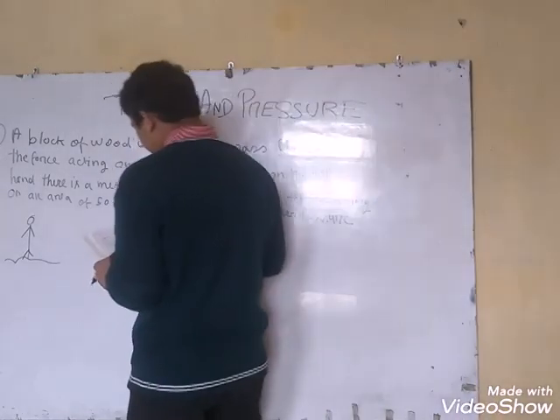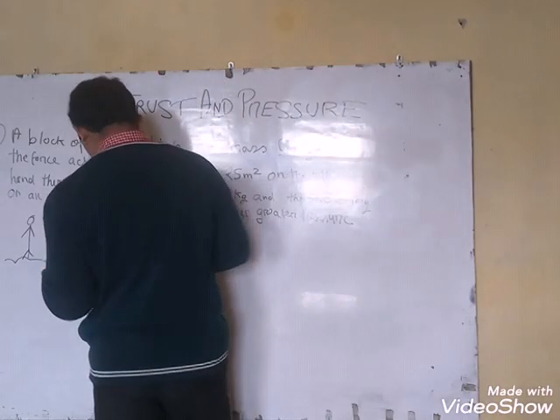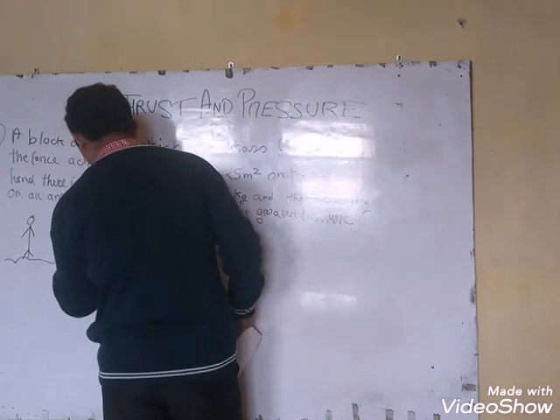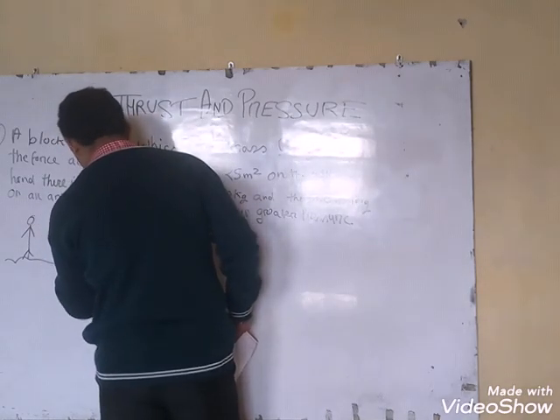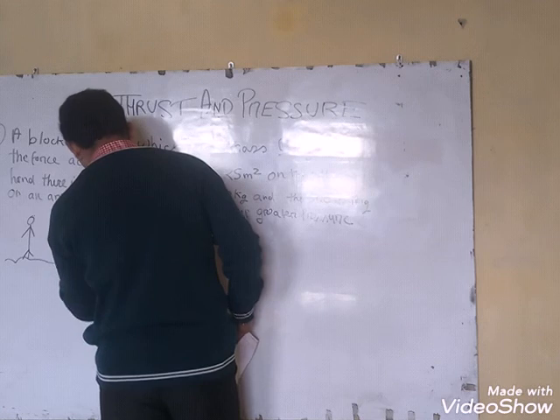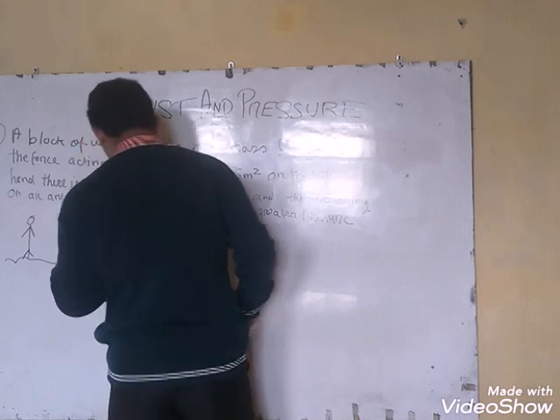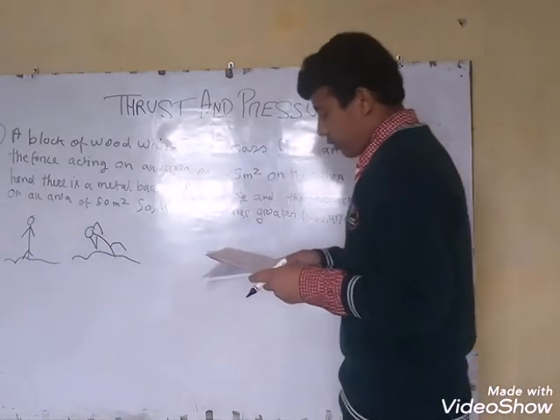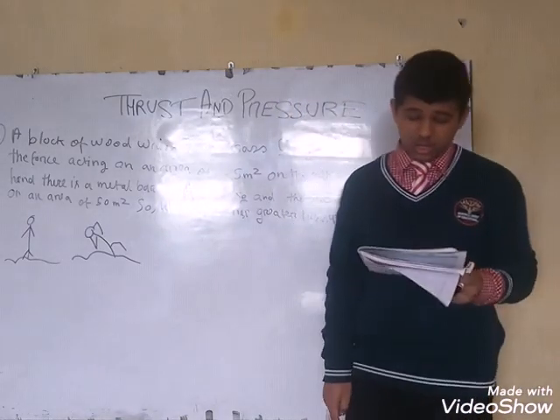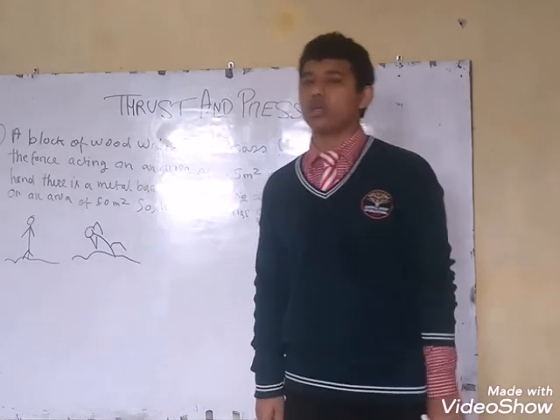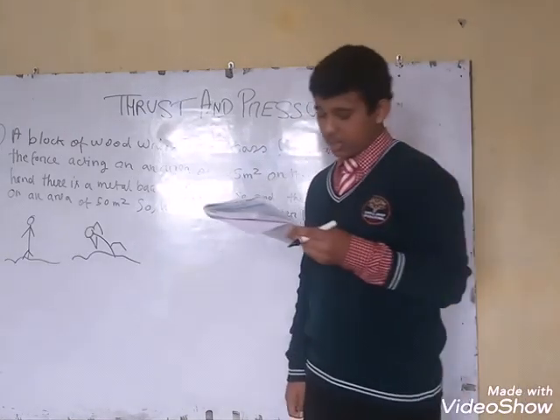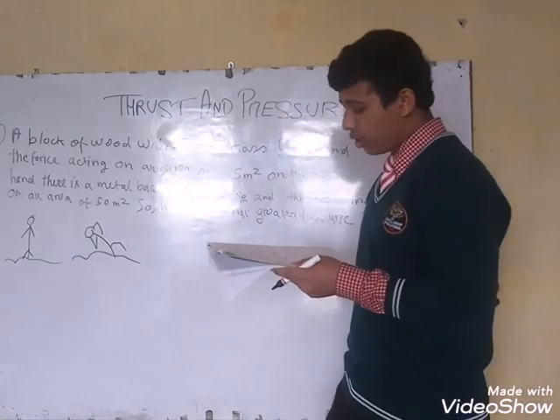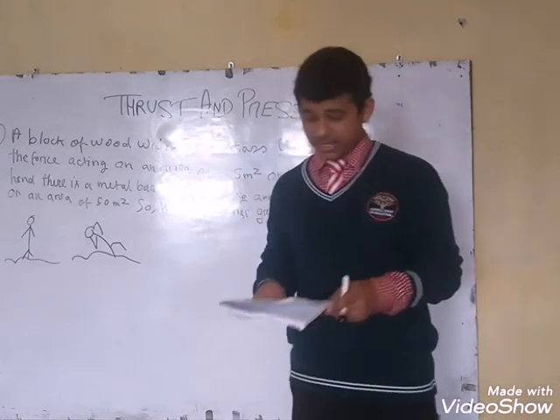And another example is when we lie down. When we lie down, we will find that our body will not go that deep. It is because of the area increasing.